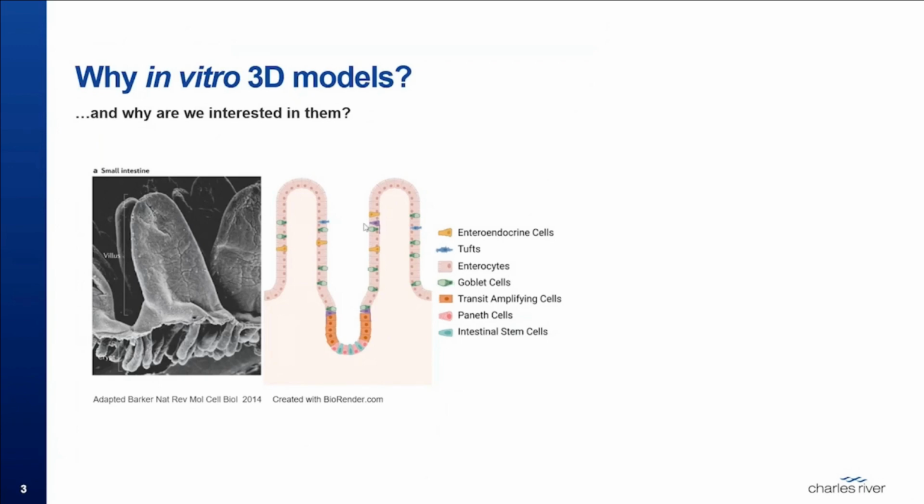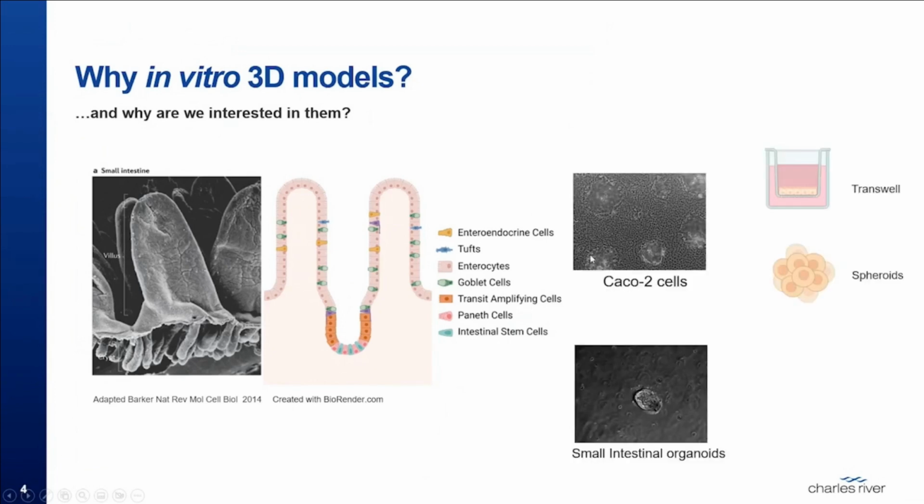Now, this is just to give an overview of the complexity of the structure of the intestine and also the different lineage components that are part of the epithelial layer of the intestine. And this can hardly be recapitulated by using cell lines that are cultured in a petri dish.